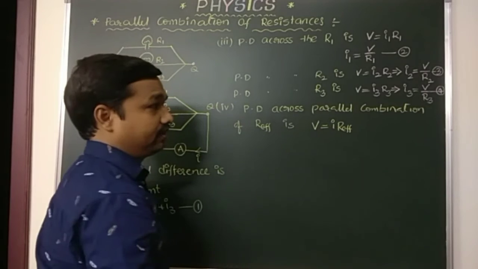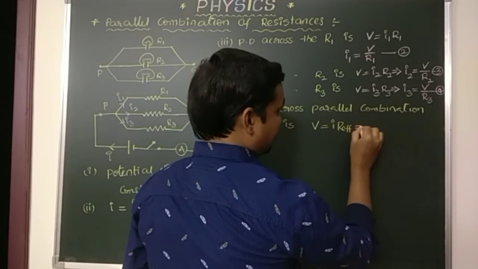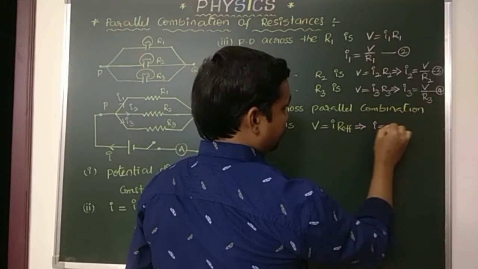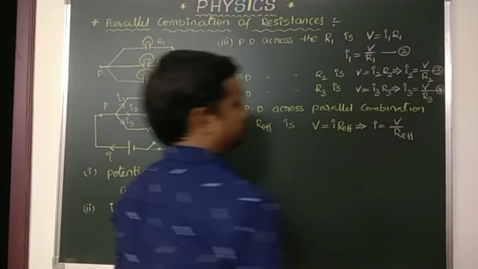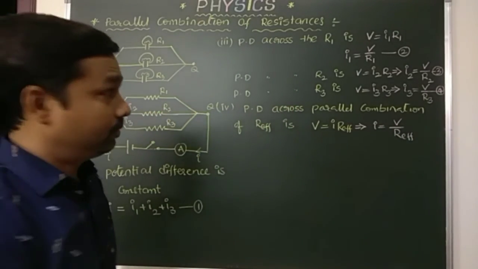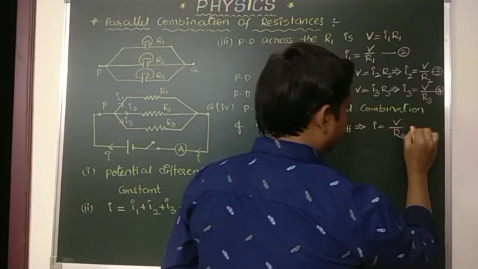From this, I is equal to V by R effective. Let this be equation number 5.